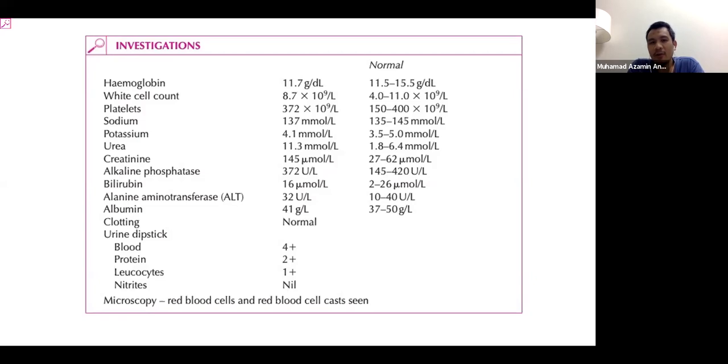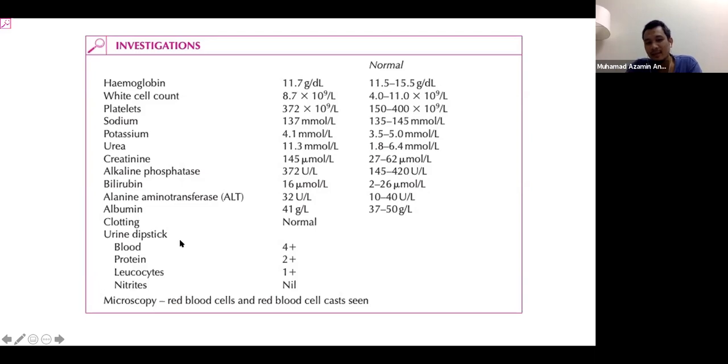If you get positive leukocytes but negative nitrites, or nitrite positive and leukocyte negative, where one of them is positive, then you say it's a possible or probable UTI. So it's not a confirmed UTI.